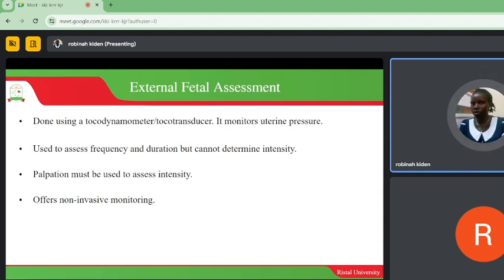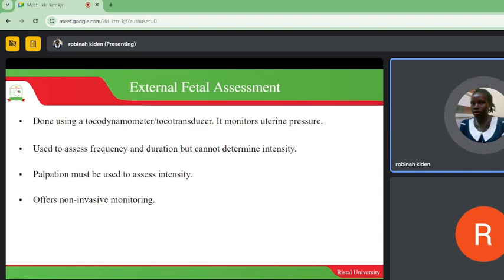Then, how strong are the contractions? This is when the intensity comes in. So palpation must be used to assess the intensity. The palpation can be done on the abdomen to determine the intensity of the contractions.